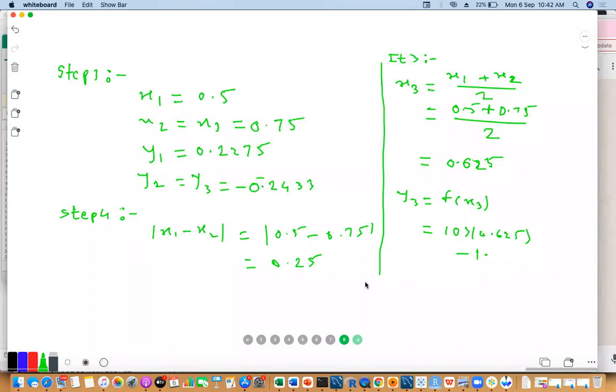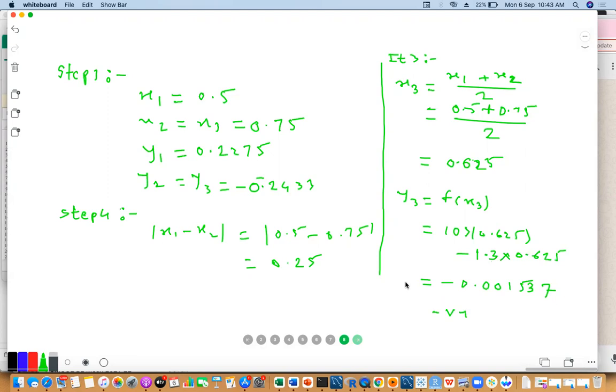We are calculating the y values by putting x values in that function, right? Now if you calculate it, it will come as minus 0.001537. Now, this is negative, right? This y3 value is negative.